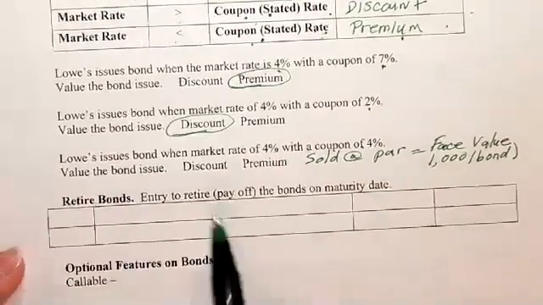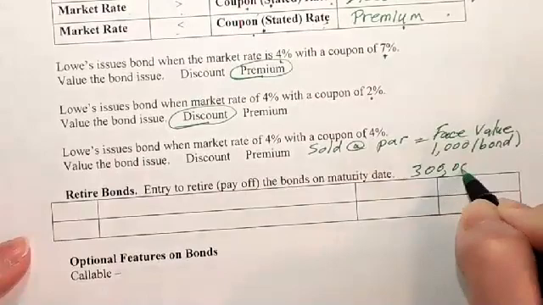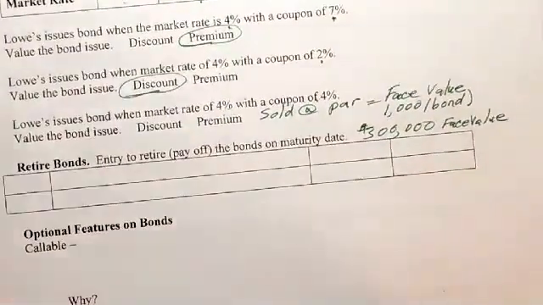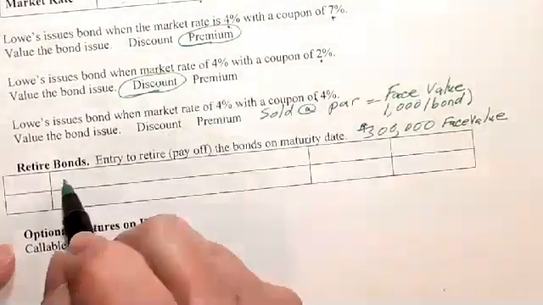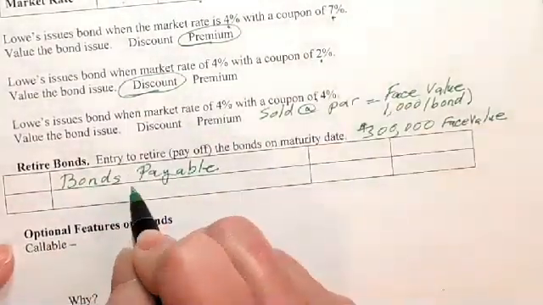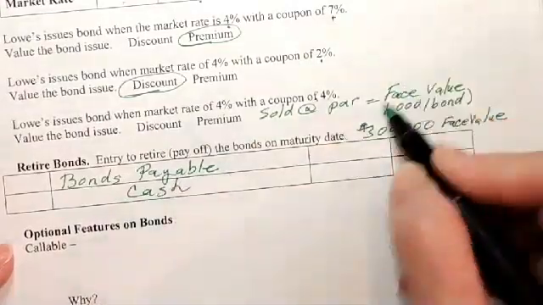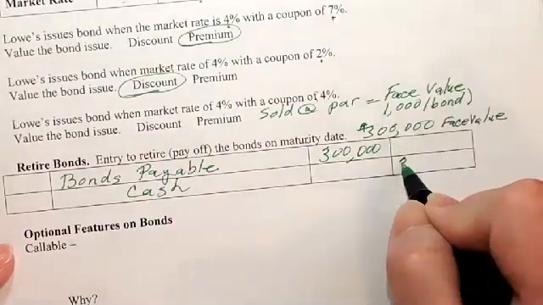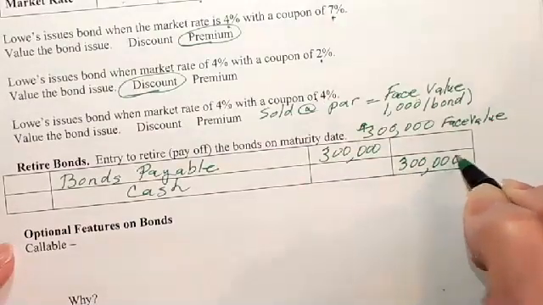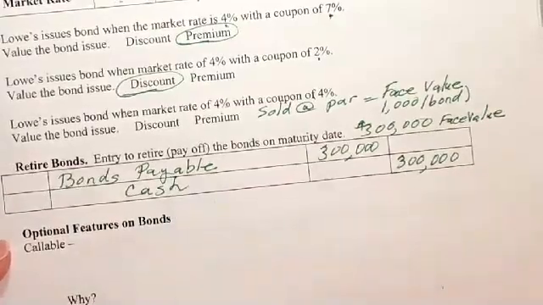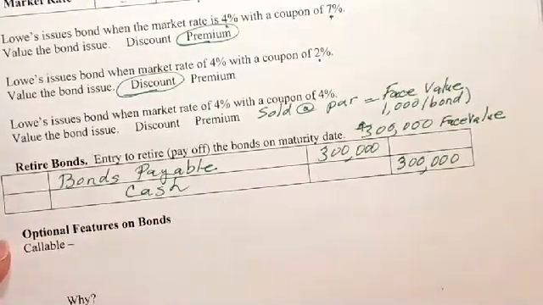And so when you retire your bond, let's say we have a $300,000 face value, your bonds payable has to go down, and we're going to pay cash. When all's said and done, you probably have an interest payment right before you do that. But when you're finally ready to retire it, reduce the bonds payable, reduce the cash, you're done.